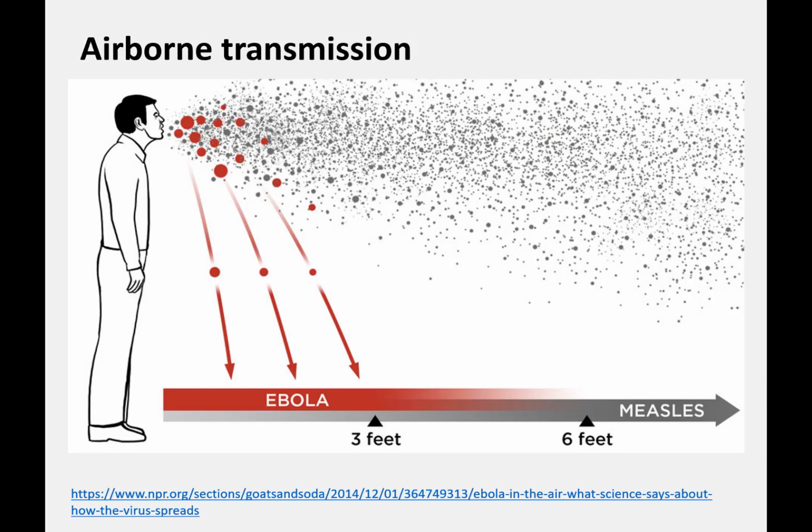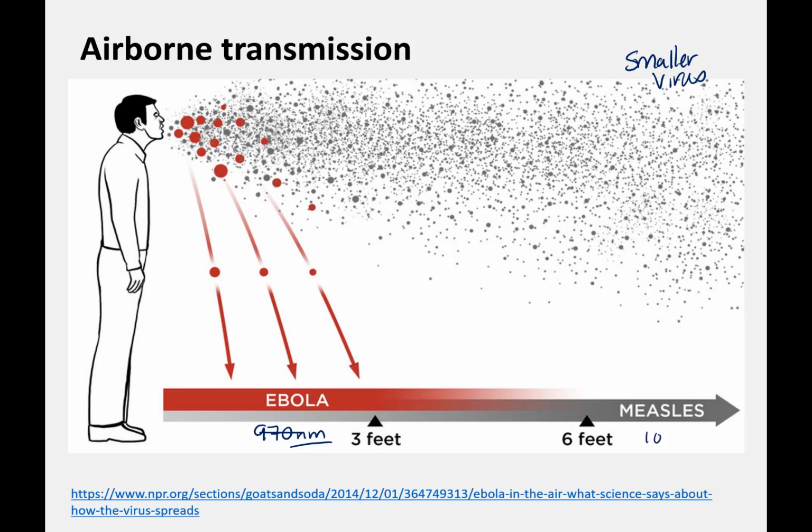So airborne transmission or aerosols, I want you to think of the smaller the virus, the farther it can travel. So this is showing Ebola is a fairly big virus, about 790 nanometers in length.